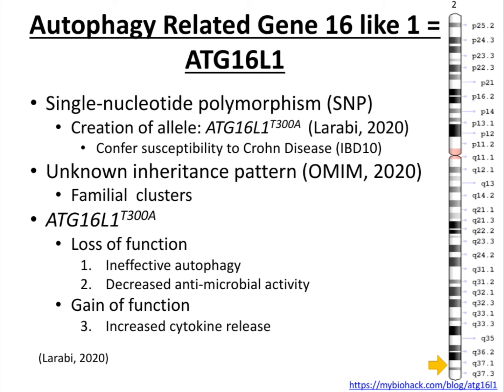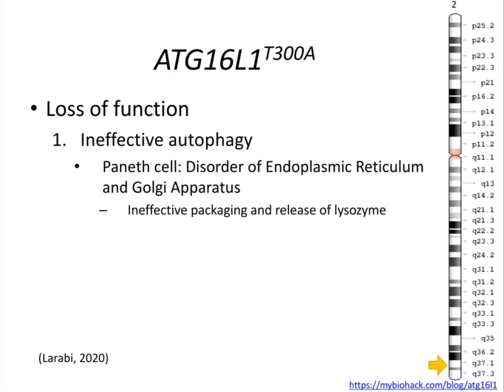ATG16L1T300A allelic variation results in both loss of function and gain of function mutations. Cells that express this allele lose the function of effective autophagy, and they also lose the function of effective antimicrobial capabilities. The cells gain a function of increased cytokine secretion.